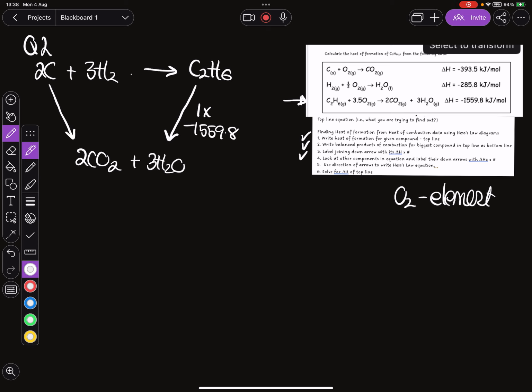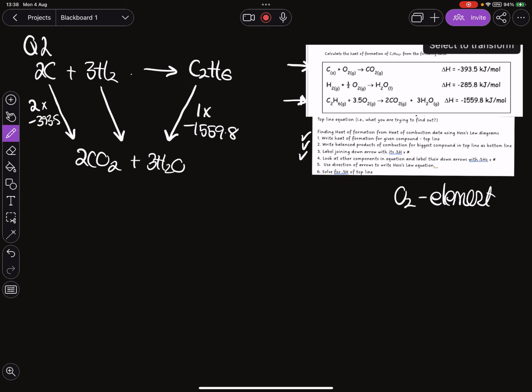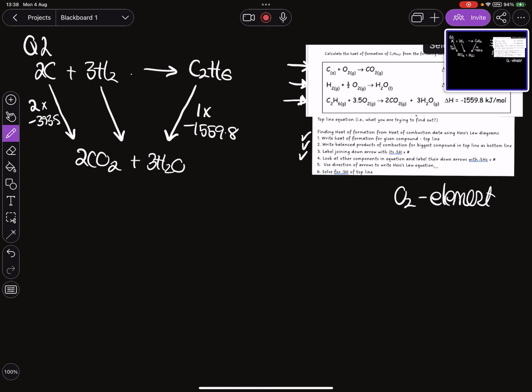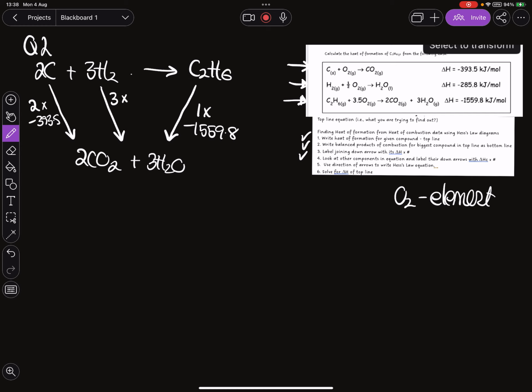So I'm going 2C, but over here I only have 1C, so my number is going to have to change. So it's going to be 2 multiplied by minus 393.5. And for the hydrogen, in my heat of formation equation there's 3 H2s, so it's going to be 3 by minus 285.8.